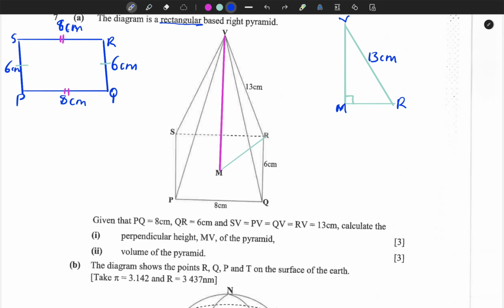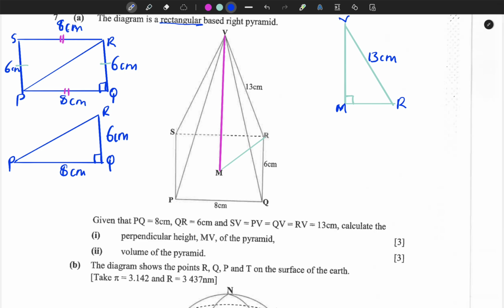So we can go back to our triangle. Our task now is to come up with this distance here, the slanting one. To find this, I'm going to come up with a right angled triangle. So 90 degrees, this side here we have 6 centimeters, R, we have our Q, 8 centimeters, then we have our P. To come up with the distance PR, we are going to use Pythagoras theorem.